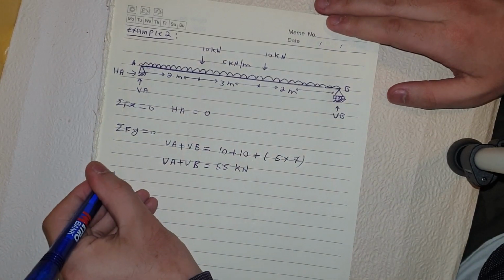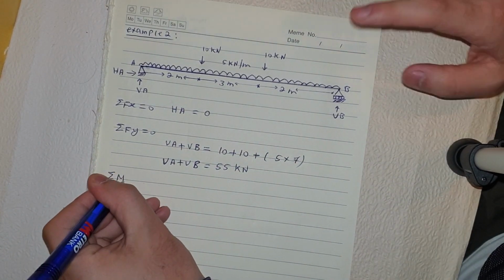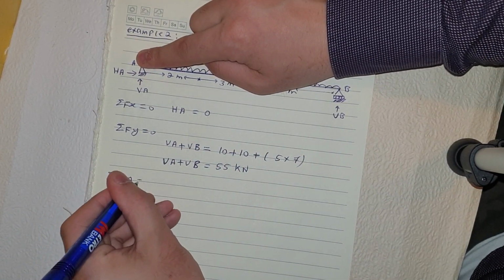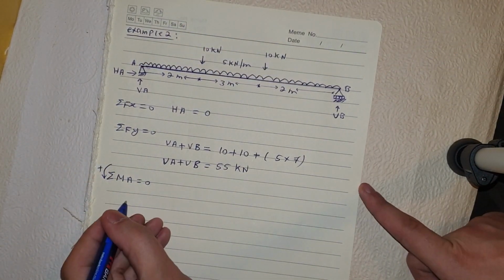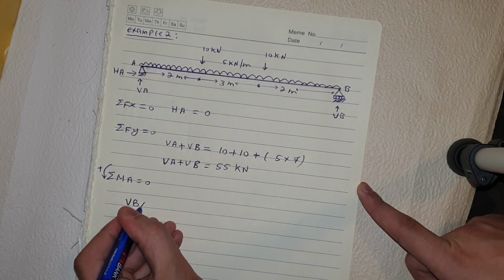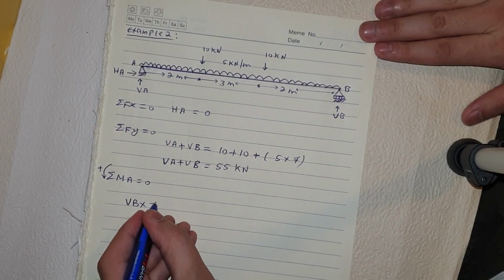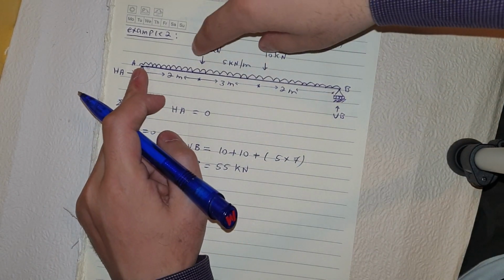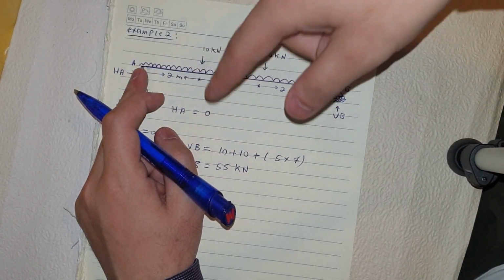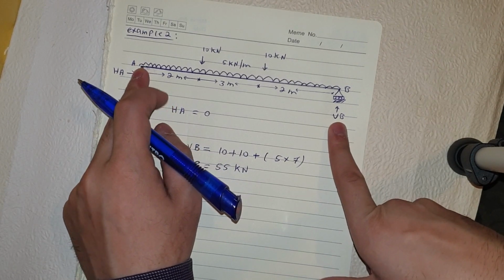So now I will take summation of moment at point A. I'm assuming that anti-clockwise is positive. So VB times the total distance, 7 meter, is equal to, because the rest of the point loads are acting clockwise, only VB is acting anti-clockwise.